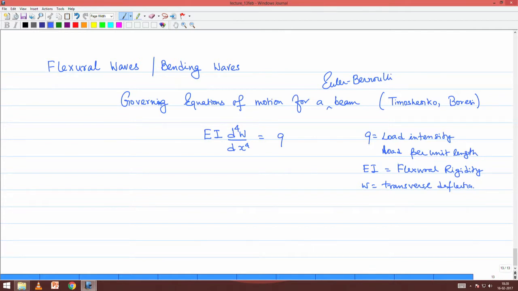This equation, the way it is written here, is applicable to statics, but to move from statics to dynamics is a very easy extension. To formulate the equations for dynamics, we need to introduce inertia forces.